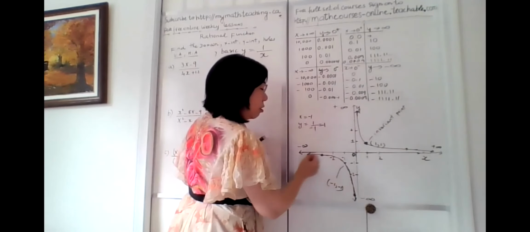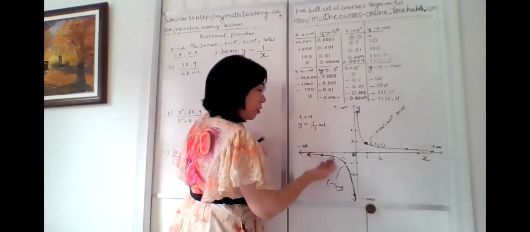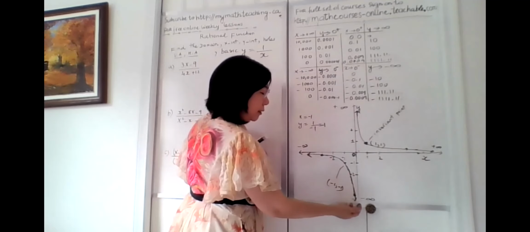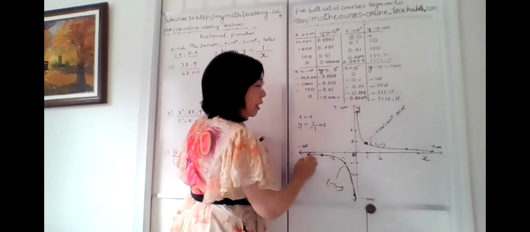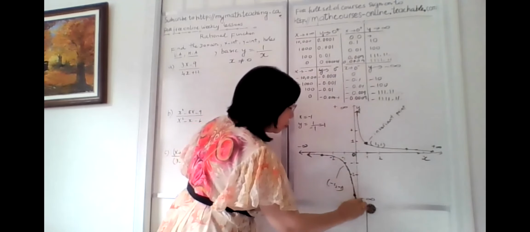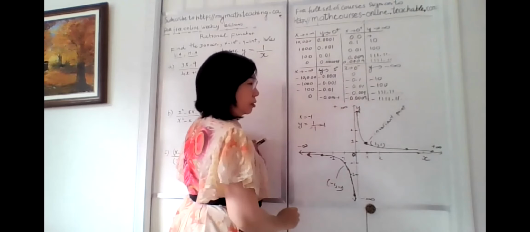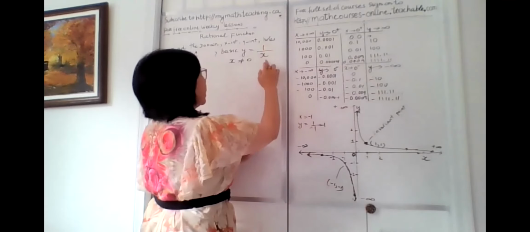This function also never crosses the x-axis, so we don't have an x-intercept, as well as never crossing the y-axis down here. So therefore, we can say that the vertical y-axis here is the asymptote of this function. So for the basic function of 1 over x, right?